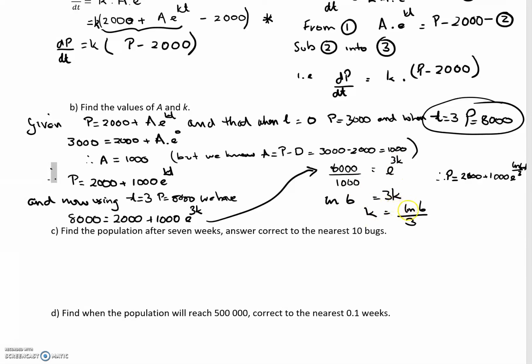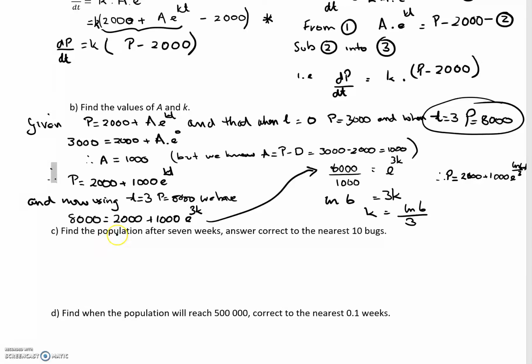Taking logs of both sides, we get k is log 6 on 3, and P, sorry this is so small, scrunched up, that should be 2,000 plus 1,000 e to the log 6 on 3 times t. And as you would expect, we now just use that equation to answer some other questions.